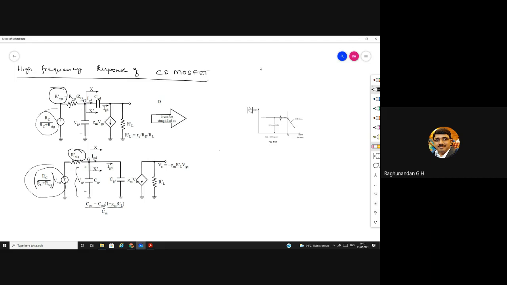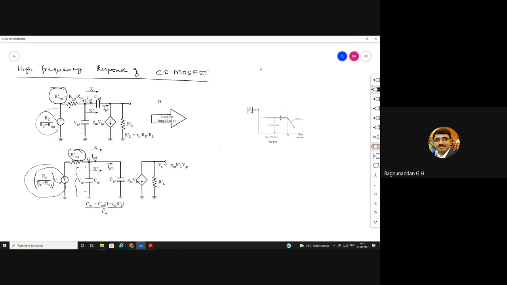After this, here we are having the current source, and along with that you can see that we are having CGD, the gate to drain capacitance.